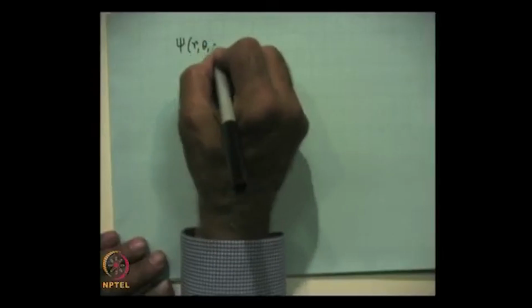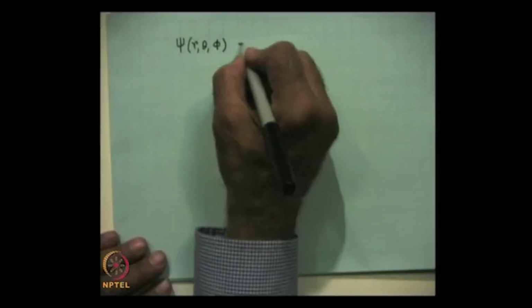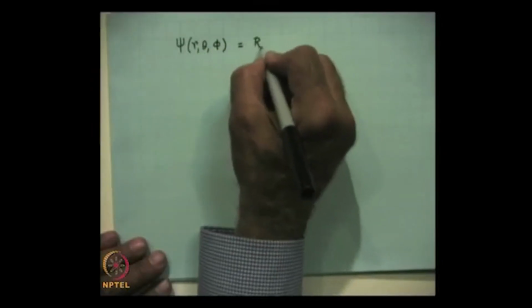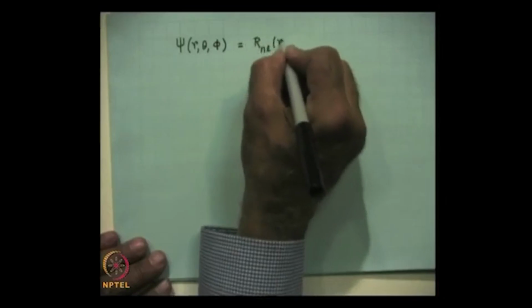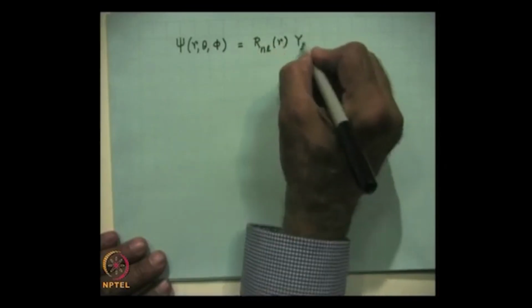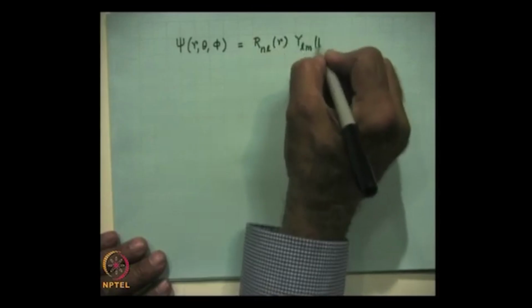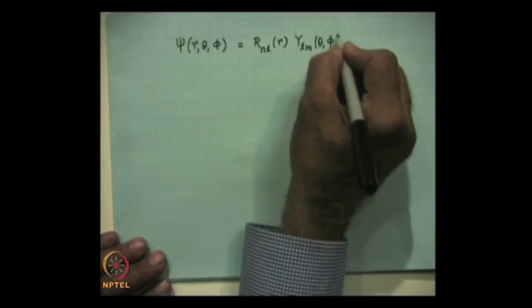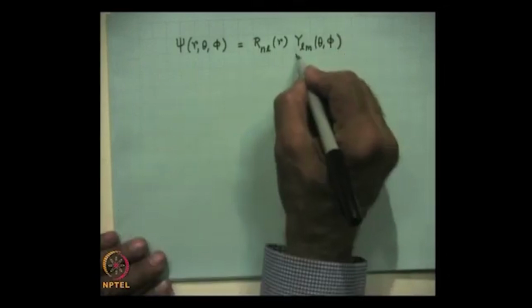So, you see the complete wave function, psi of r theta phi, is equal to R n L of r times Y L m of theta phi. This you must remember. This is normalized.